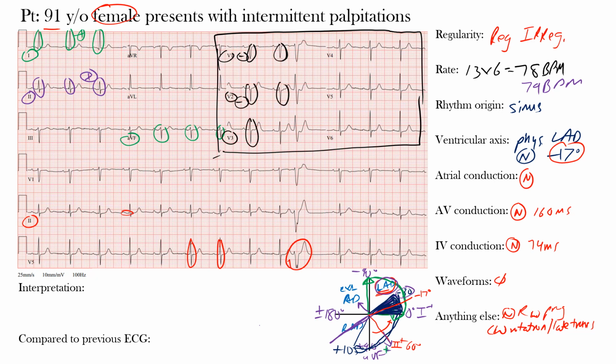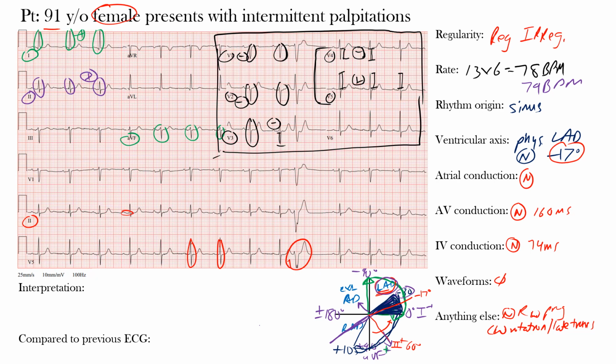V3, again, the negative portion is still greater, so these are negative. When we get to V4, if you were to measure these out, again, this would still be mostly negative. All right, but then when we get to V5, you start to see more predominantly positive complexes, okay? And because we're going from negative to positive from V4 to V5, our transitional zone occurs somewhere between there, okay? So that's a clockwise or late transition.